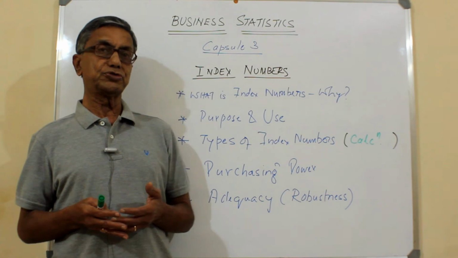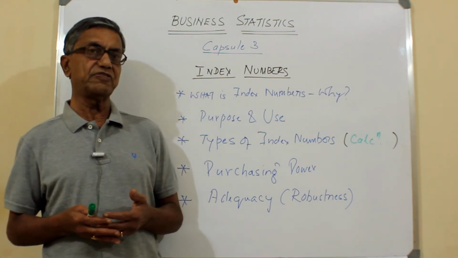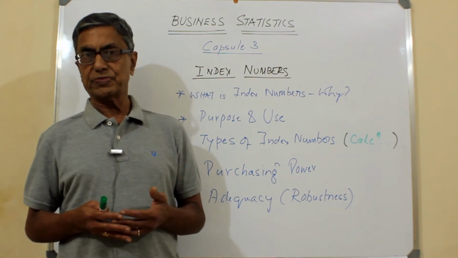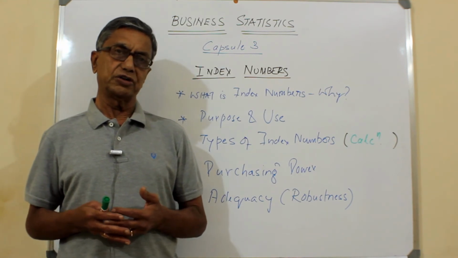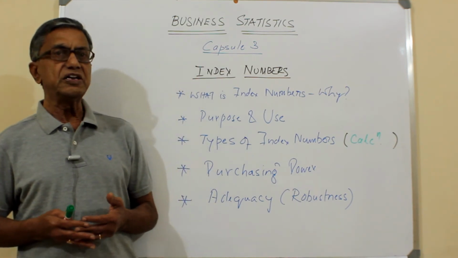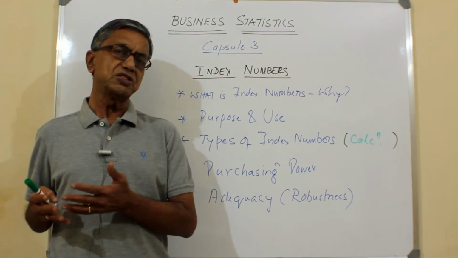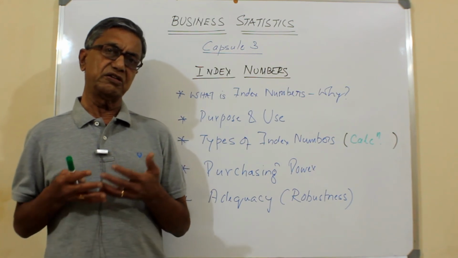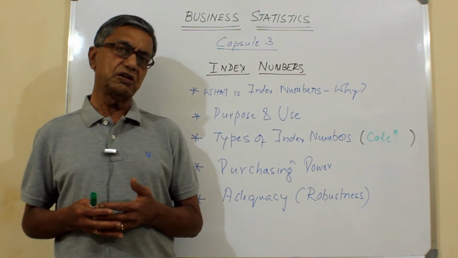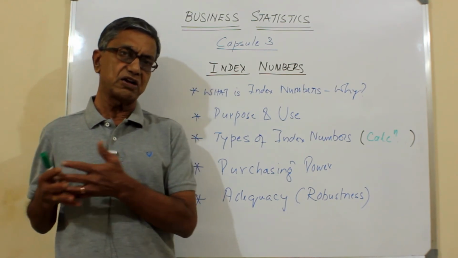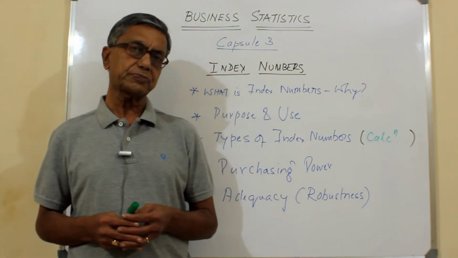So there is an immense use of index numbers in various spheres and facets of life. Especially index numbers are very useful in economic situations. As a matter of fact, indices or index numbers are called economic barometers of the country, to understand the growth of the country, the healthiness of the country, and so on and so forth. These index numbers will help us in understanding how the indices were in the past and how they are going to be useful in the future.